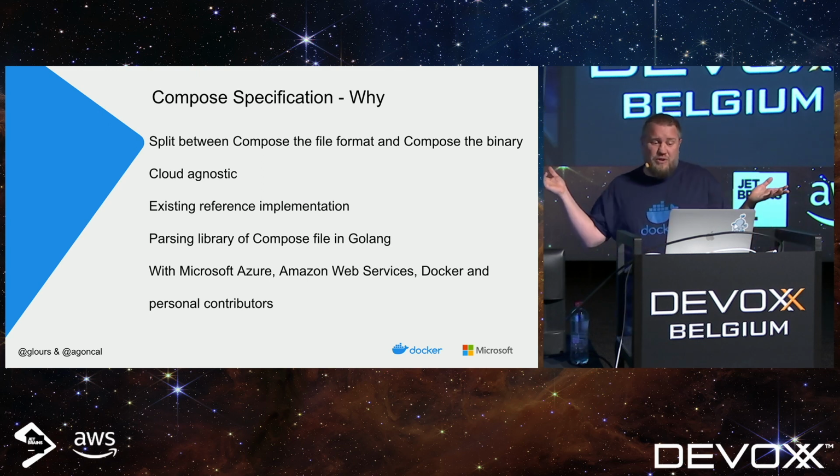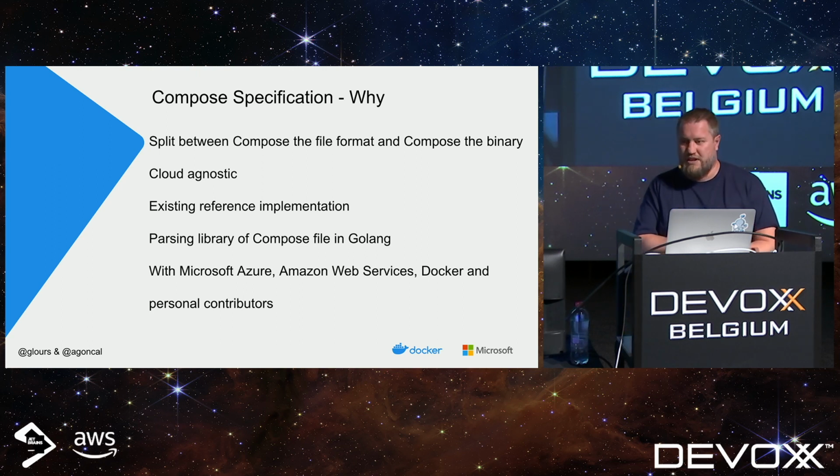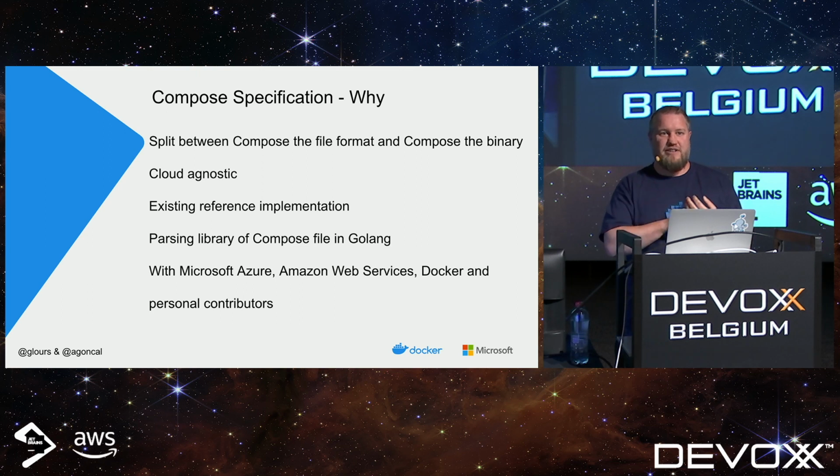And we already have a reference implementation with Compose. As I mentioned, we developed Compose Go, which allows you to embed this library inside your Go code to parse and verify that a Compose file is valid and respects the specification.